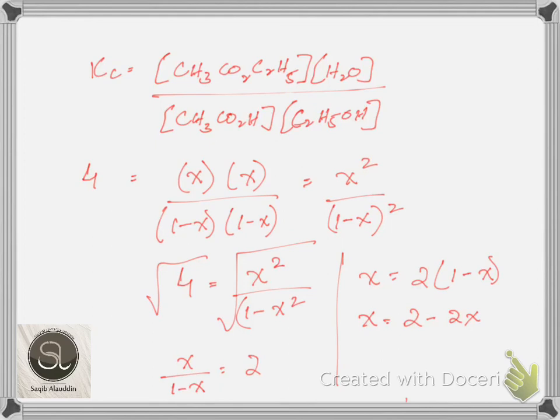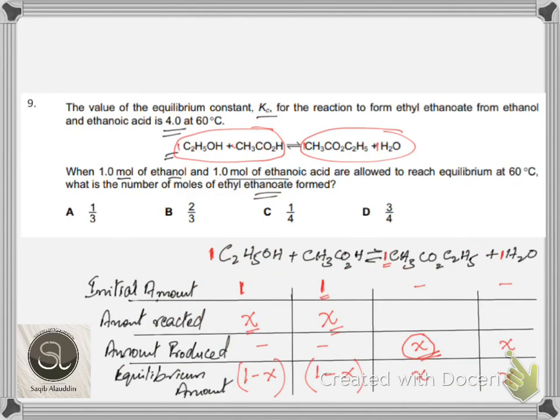We'll have x plus 2x is equal to 2. 3x is equal to 2. So x is equal to 2 upon 3. That's your answer for x. So 2 upon 3. The option is B, because they say the number of moles of ethyl ethanoate formed is 2 upon 3.